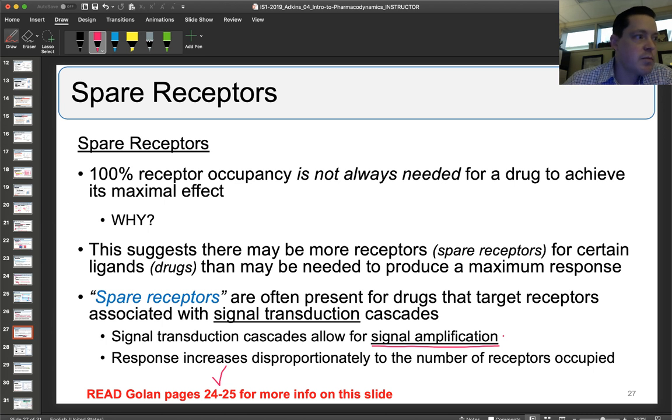Only a few receptors need to be active to amplify that signal, and because of the way cells operate, that amplification can be so pronounced that it can get to a full response without the need for all of the receptors to be activated.